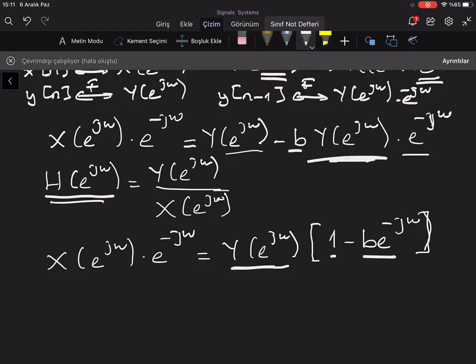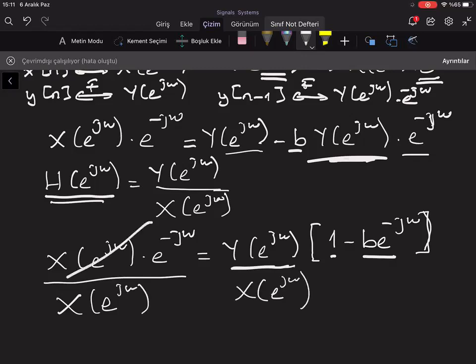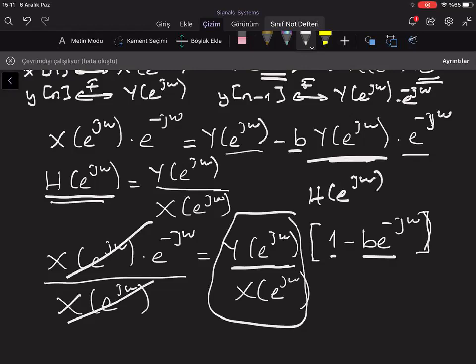So finally, I would divide both sides by X e to the j omega, and then this will go away. And this part is H e to the j omega. And then this thing will go down.